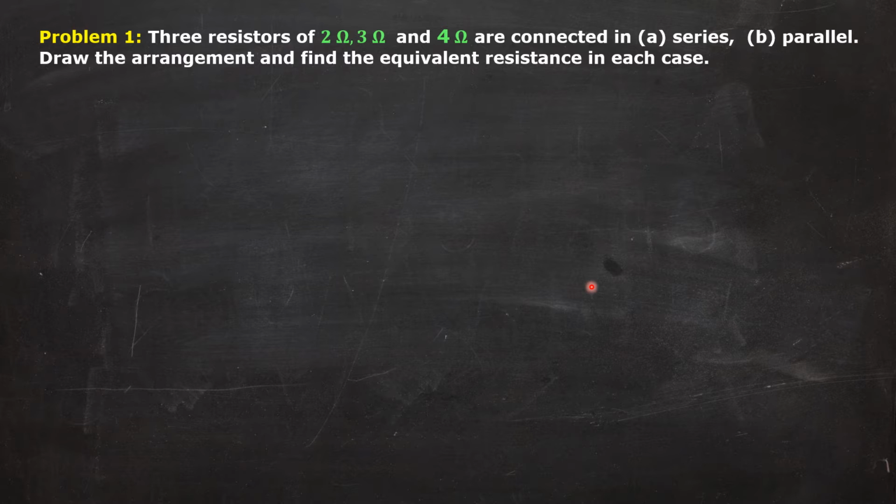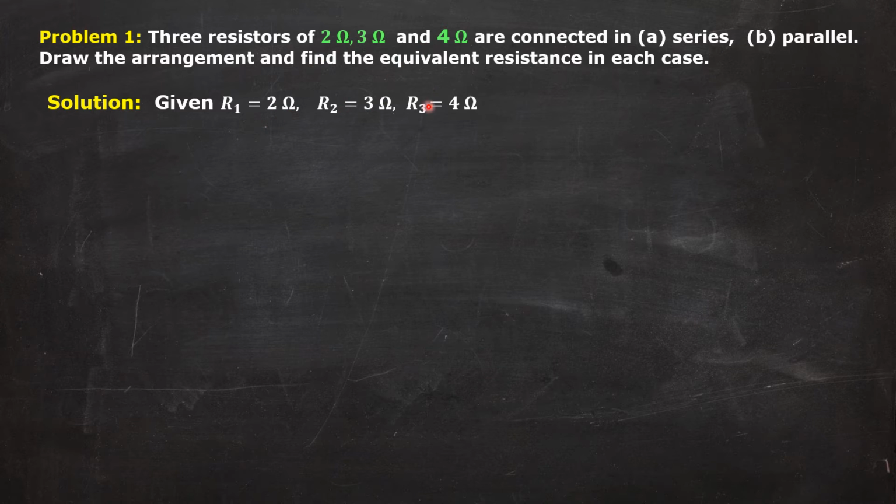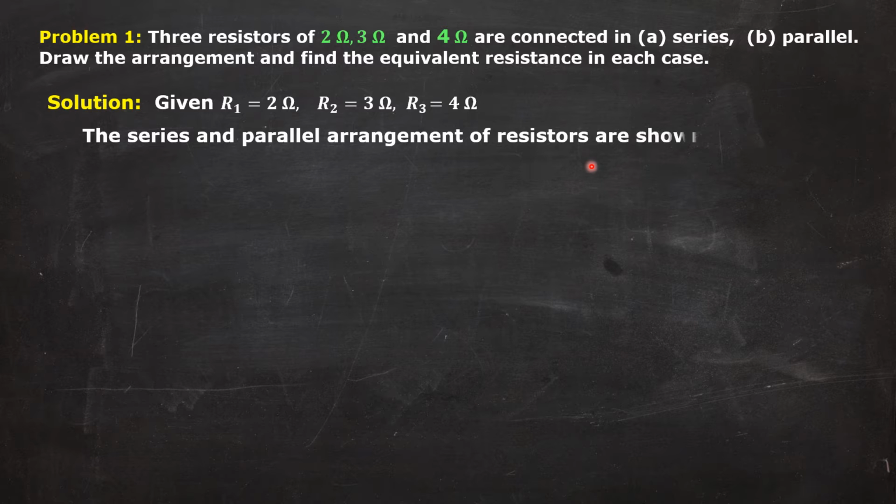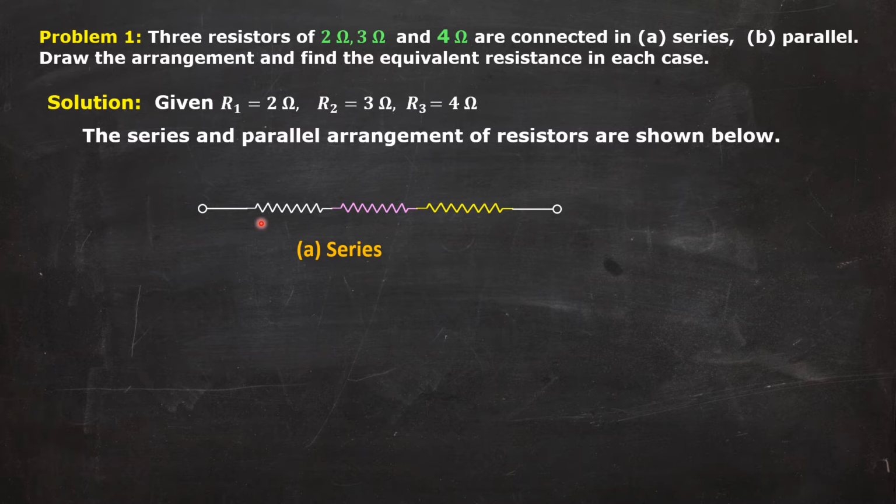See here. Solution: given R1 equal to 2 ohms, R2 equal to 3 ohms and R3 equal to 4 ohms. The series and parallel arrangements of resistors are shown below. You see here, this is the series arrangement: 2 ohms, 3 ohms and 4 ohms. We have been asked to draw the arrangement.